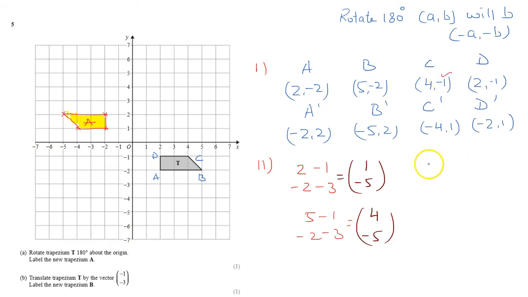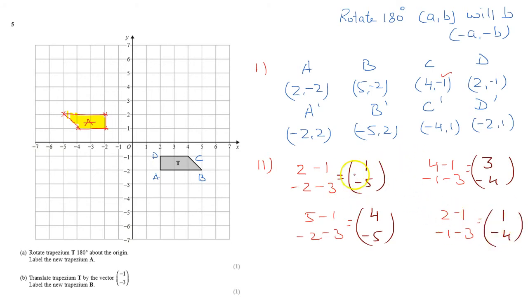Next is C, (4, -1), -1 and -3. So this will be 4 minus 1 is 3 and -4. Then last we have (2, -1). 2 minus 1 is 1, and -4.